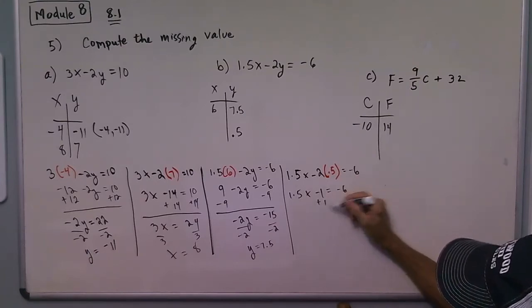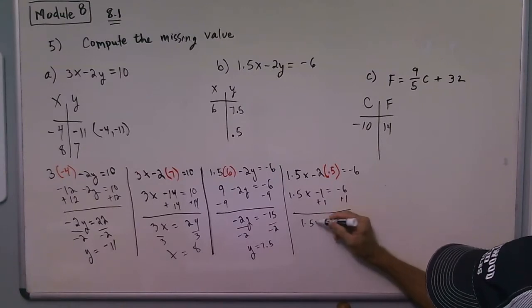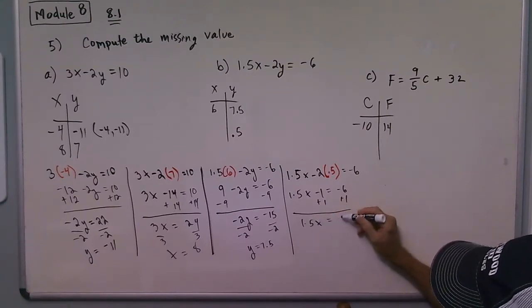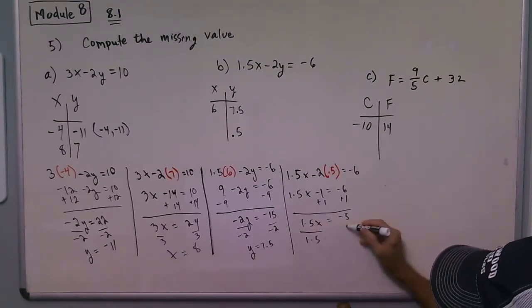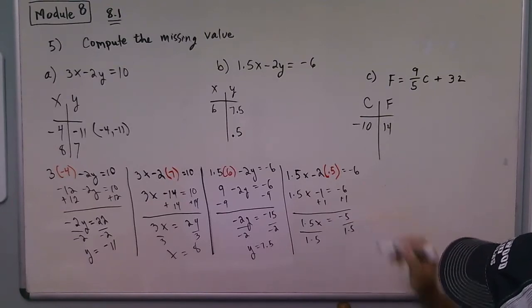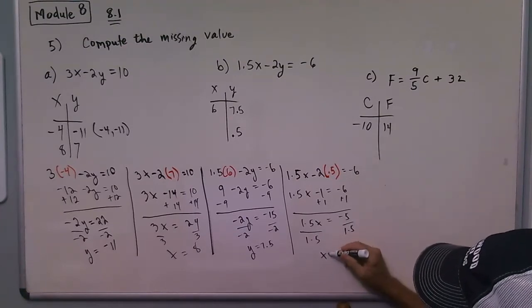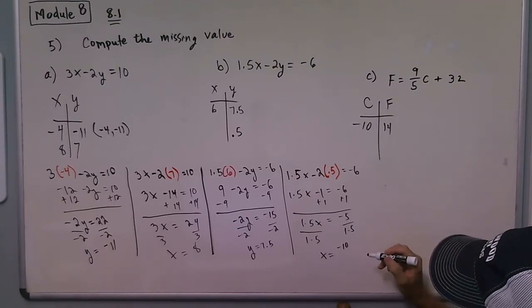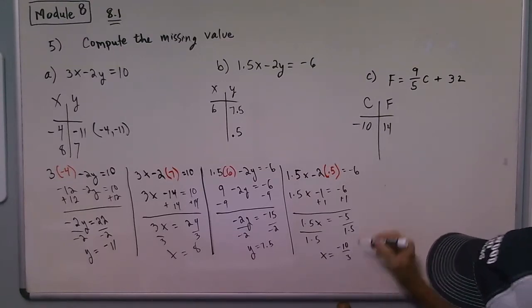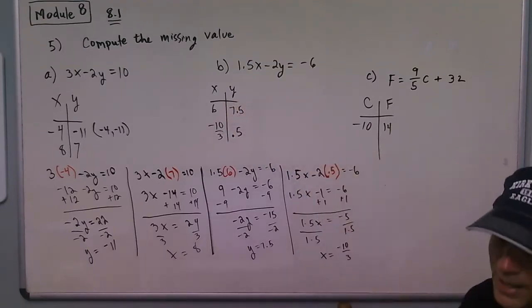Then I'll add 1. 1.5 x equals -5. And I'll divide by 1.5. And then you could use a calculator or you could use fractions, but this comes out to be -10 over 3, I believe. Okay, so we could check that out.